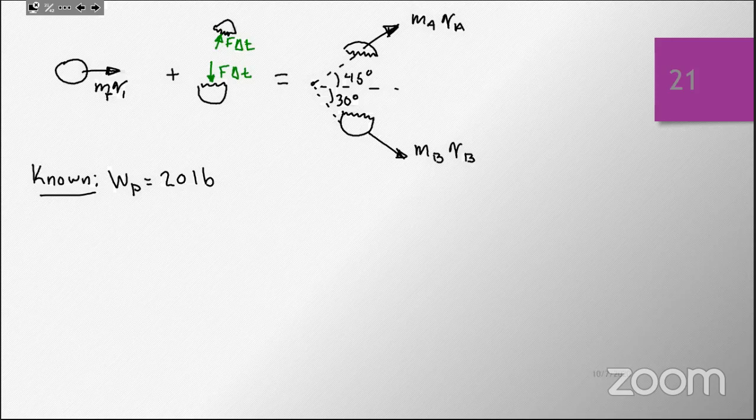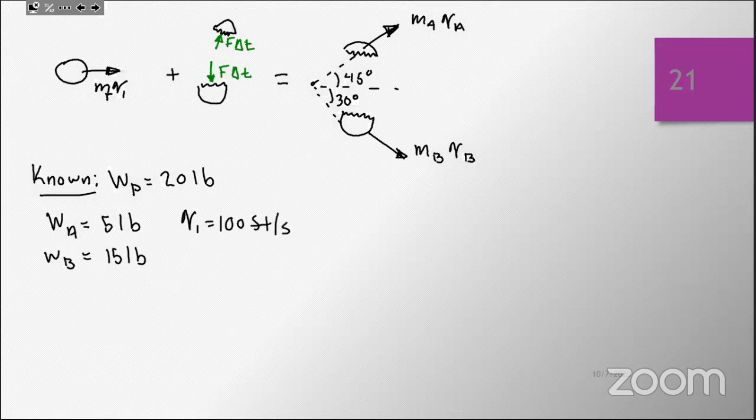So I've got the weight of the total projectile, the weight of the piece A, and the weight of piece B. I know my initial velocity, V1, is 100 feet per second, and I have my angles, which I already put on my drawing, but they were given to us.